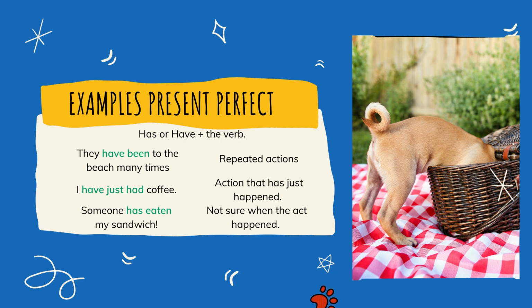Those are repeated actions. They have been to Paris many times. Okay. I have just had coffee. An action that has just happened. I have just had coffee. Okay? I have just been to the doctor. Okay, those are actions that just happened.